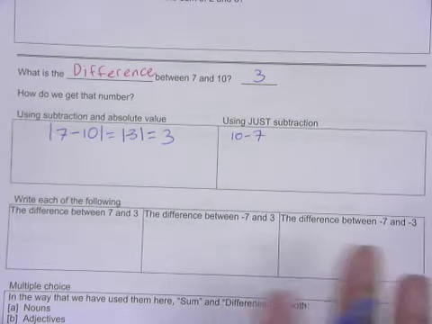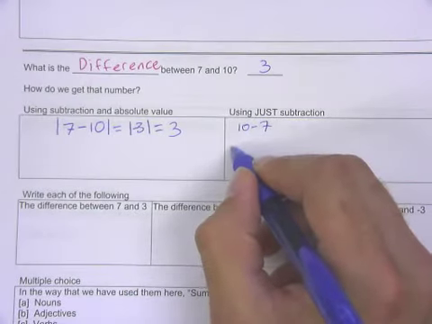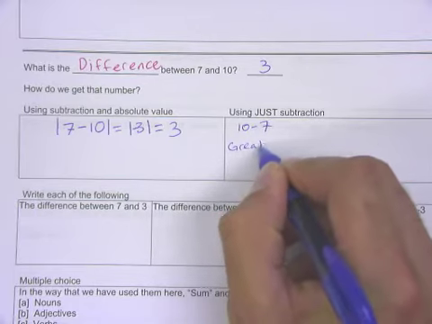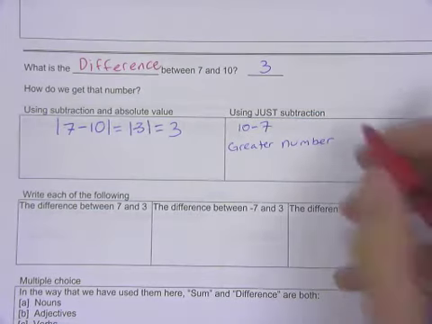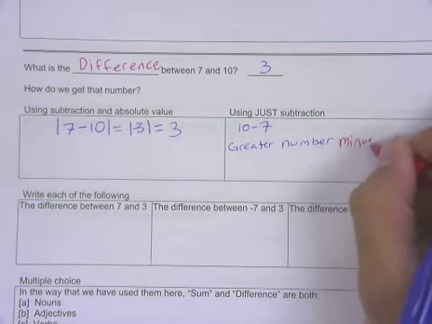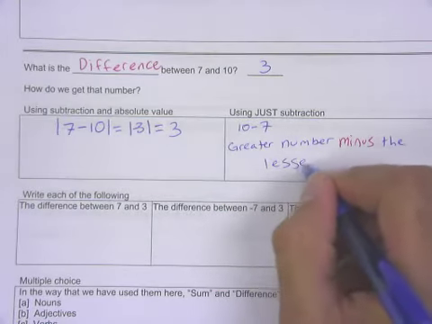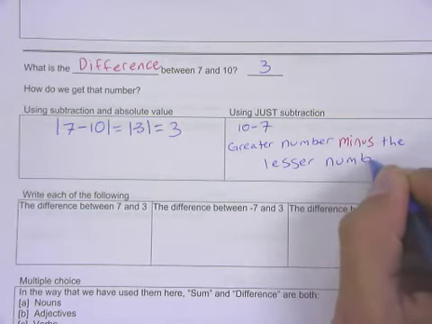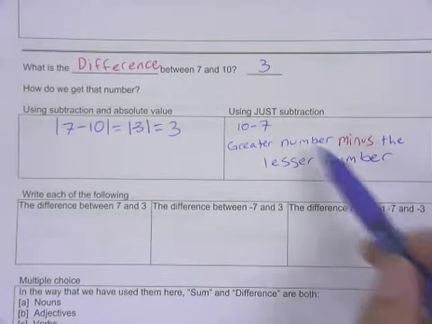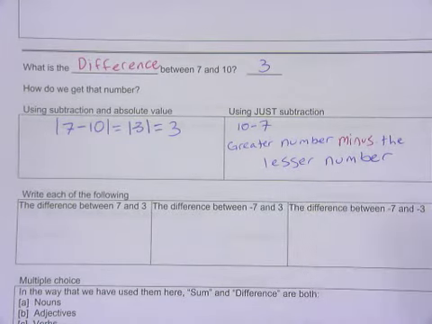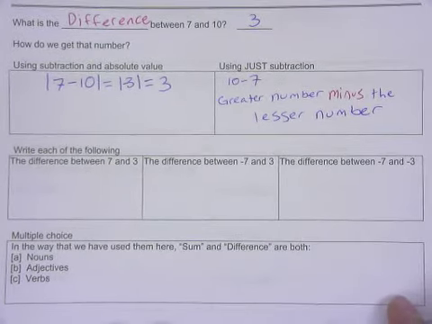So if we want to find absolute value without using absolute values, we have to do the greater number minus the lesser number. See if you can find each of these three differences and try to think about it in this way that just uses subtraction. Go ahead and pause the video and try each one of these, and then unpause the video to check your work.